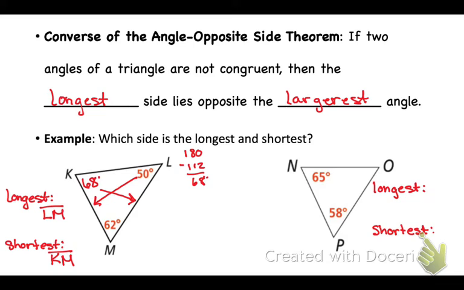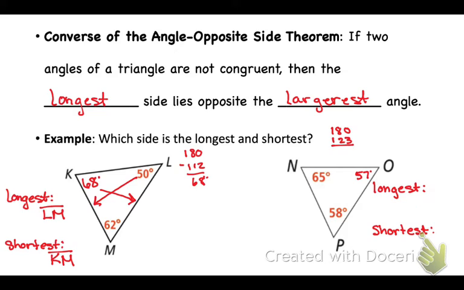Okay, Amber, what was the first thing you did? I added up the two angles. And then you subtracted. What'd you get? So 180 minus 123. So it should be 57. Okay. Phoenix, what's the longest side?